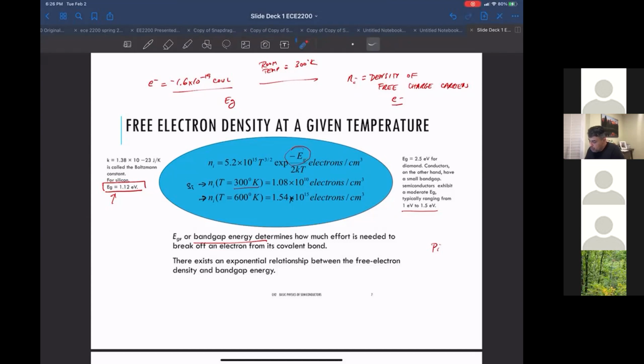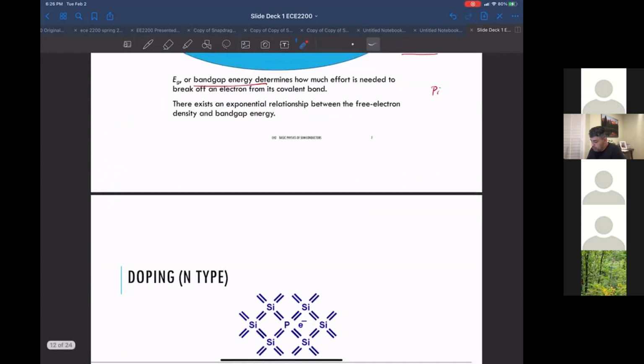So notice when you go up another 300 degrees above room temperature, so at 600 degrees Kelvin, you end up with 1.54 times 10 to the 15th electrons per centimeter cube, almost, not quite, 5 orders of magnitude higher than at room temperature. So basically you have this exponential relationship between free electron density and band gap energy, and almost that way with temperature.